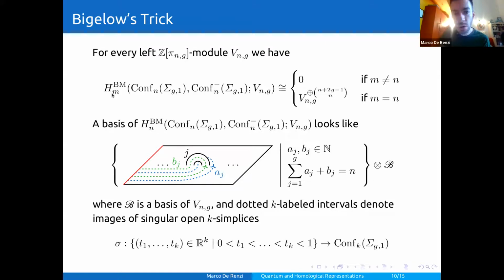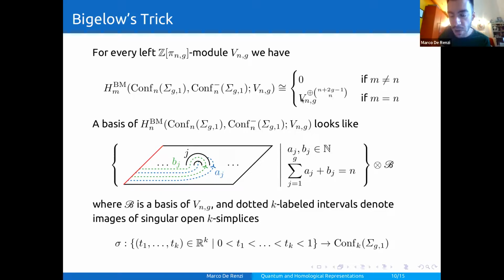The mth homology of this pair, where you're taking n points of configurations and the surface braid group, is 0 every time m is different from n, and it is equal to this vector space exactly when m is equal to n. So this homology is concentrated in degree n. And this vector space is just a direct sum of copies of the coefficient module.